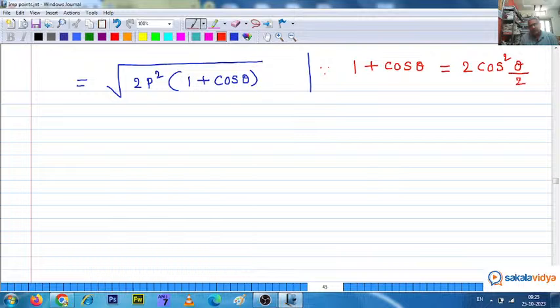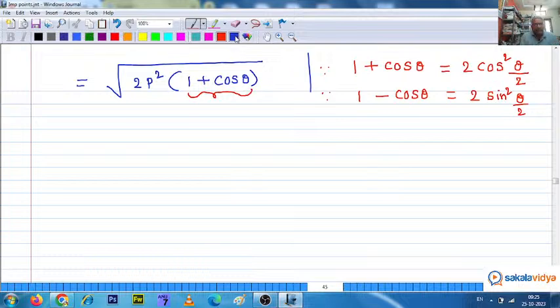Even BPC students, you must remember this formula. For example, 1 minus cos theta gives 2 sin square theta by 2. This is called the half angle formula, or submultiple angles. Now instead of 1 plus cos theta, we replace 2 cos square theta by 2.